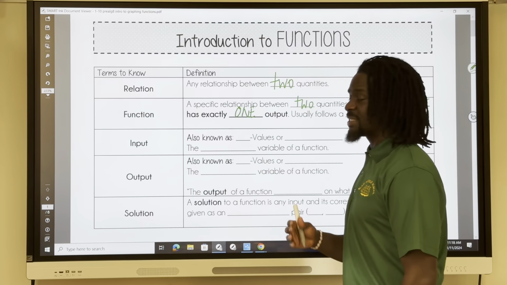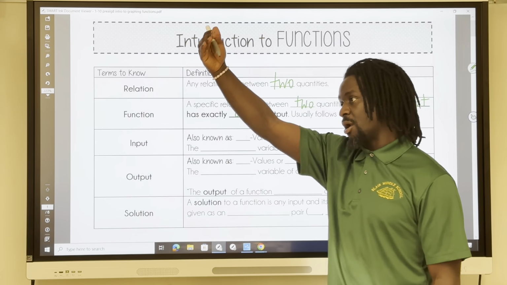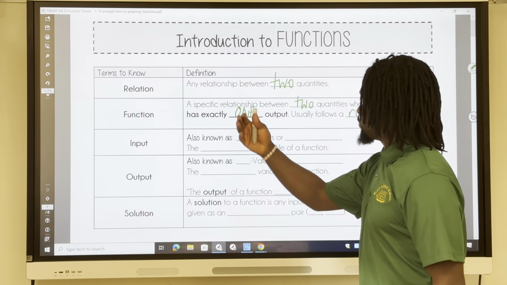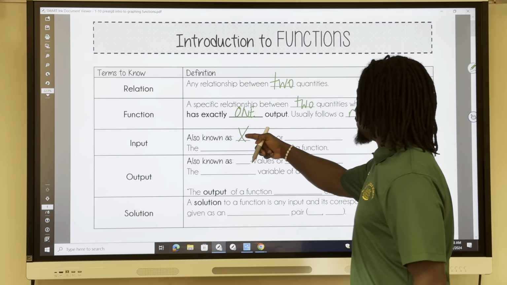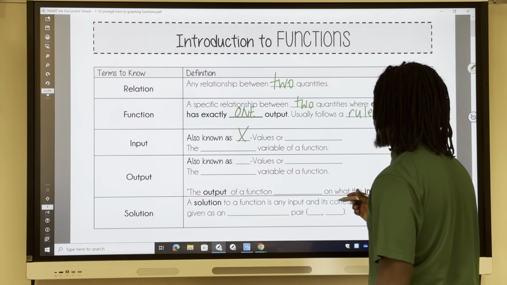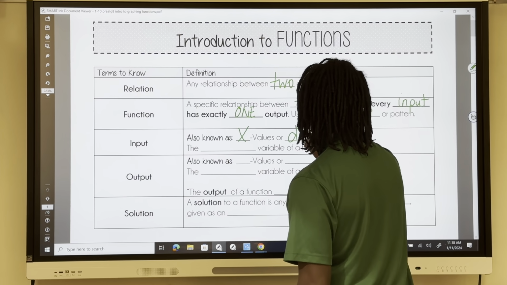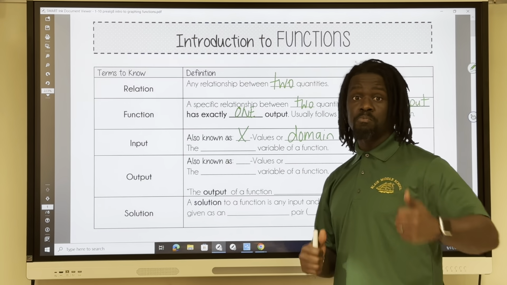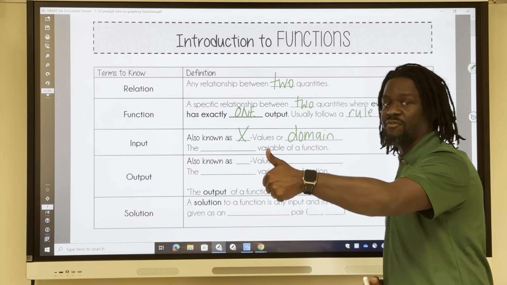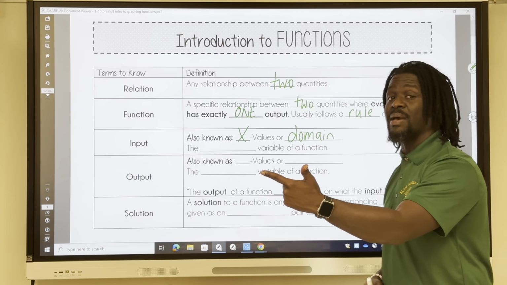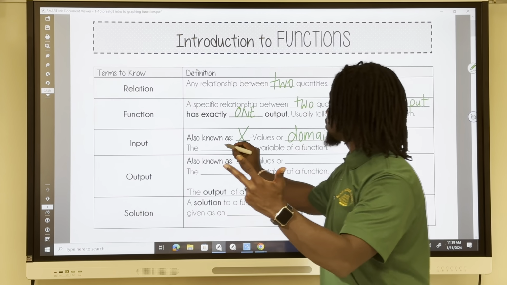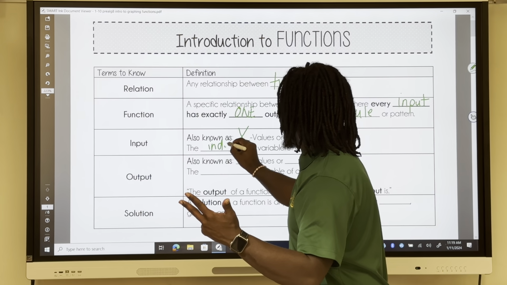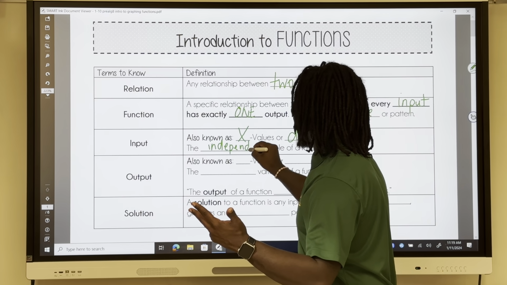Last time we talked about the input. We had all of these x values and we said that that is the input. The input is the x values, or another way to say that is the domain. It also can sometimes be referred to as the independent variable.